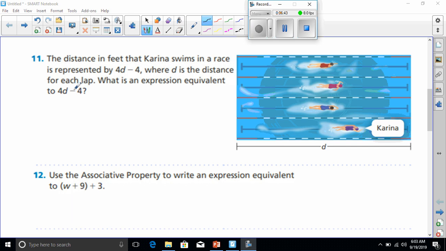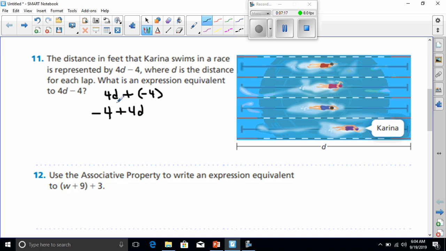I could say this is a subtraction problem, or I could express it as an addition problem. I could say this is 4d plus -4, and now I'm free to use my commutative property and say that this is -4 plus 4d.